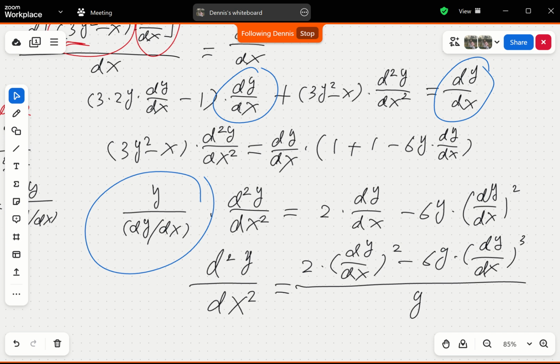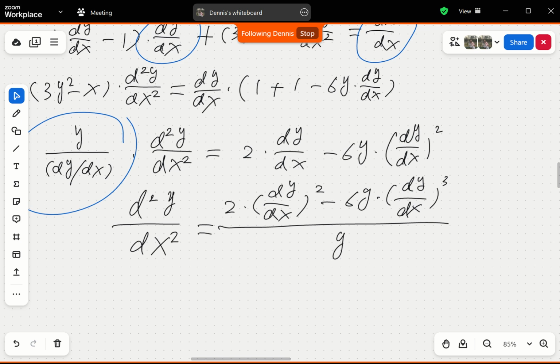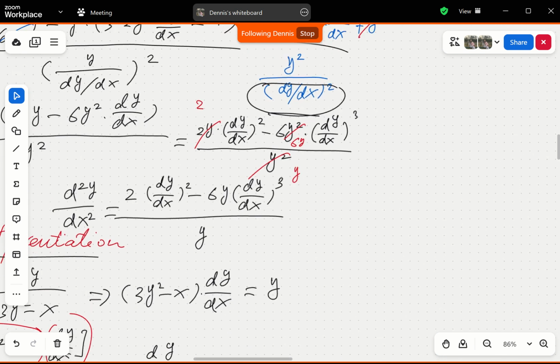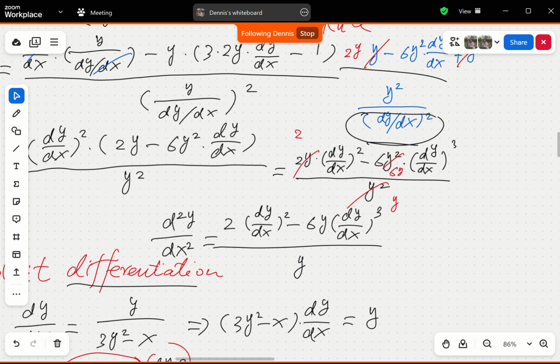Okay, so we note that this simplified expression of the second derivative of y with respect to x is actually the same as what we get by directly taking the quotient rule approach.